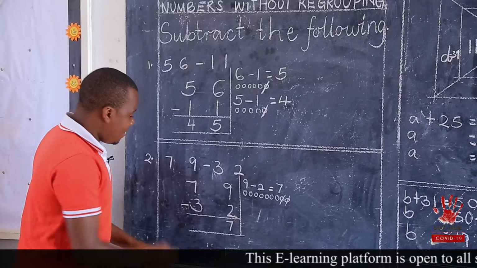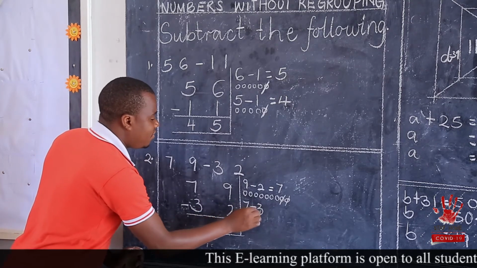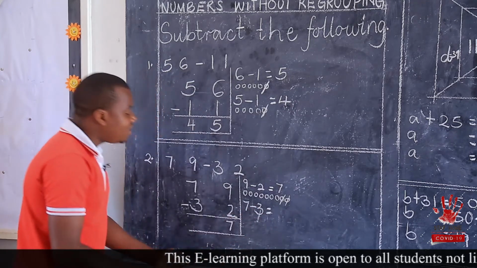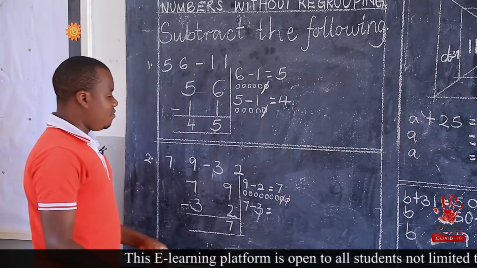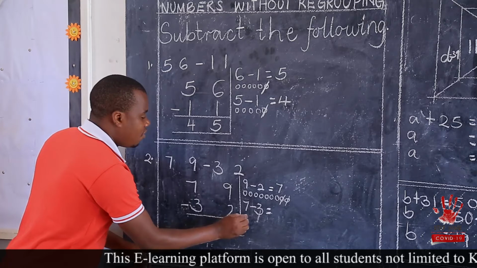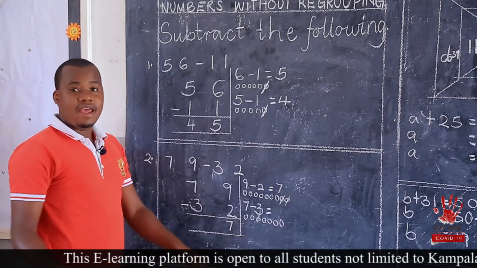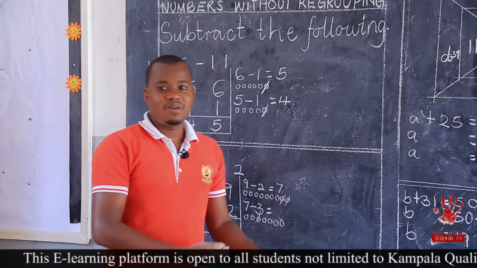Then I go to the next one. I will have 7 take away 3. If you can tell the answer immediately, it has no problem. If you can't, you can come and say 1, 2, 3, 4, 5, 6, 7. Then how many am I removing? I'm removing 3 from 7.